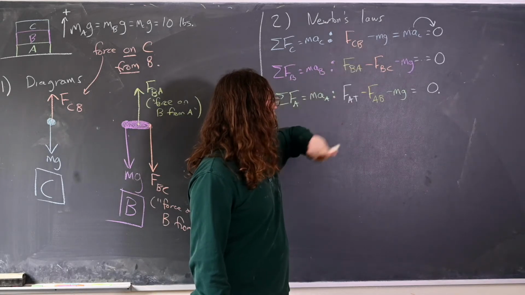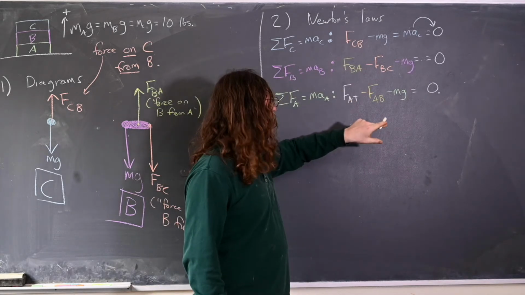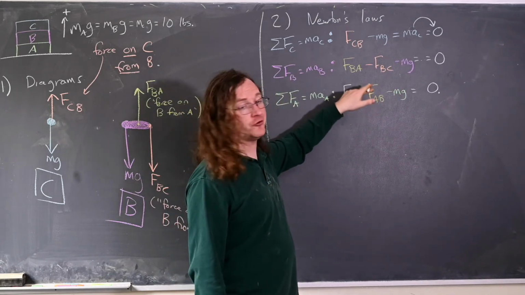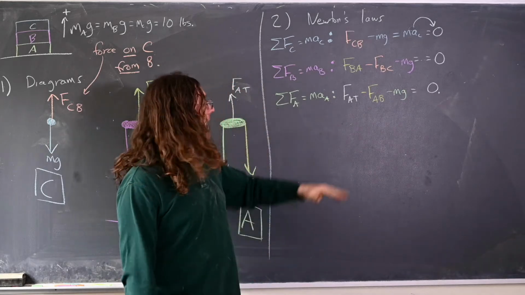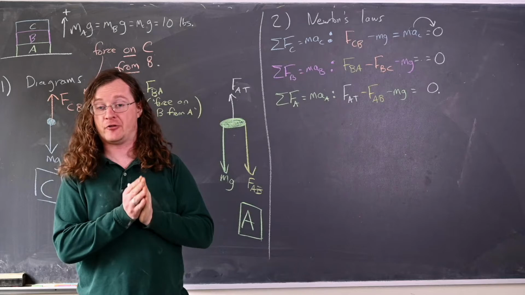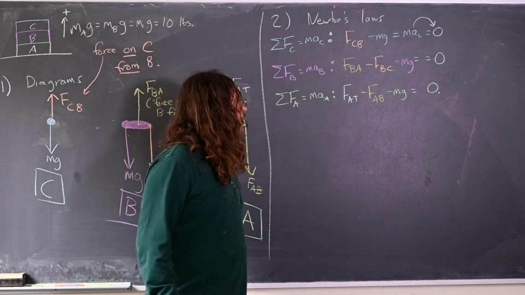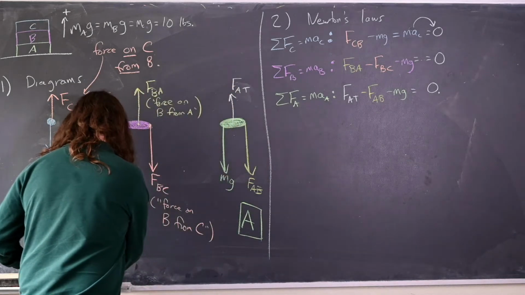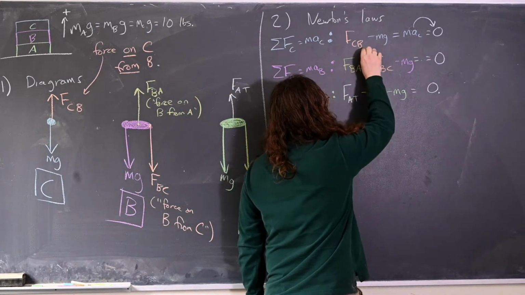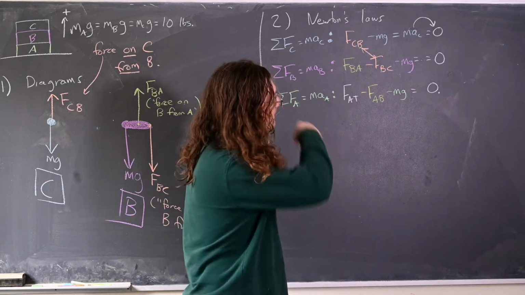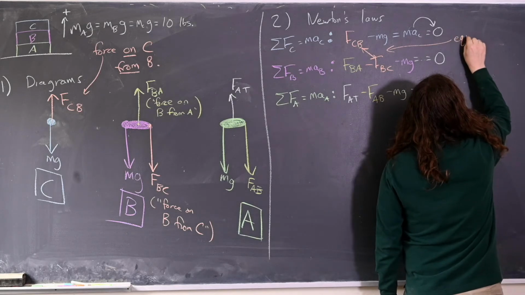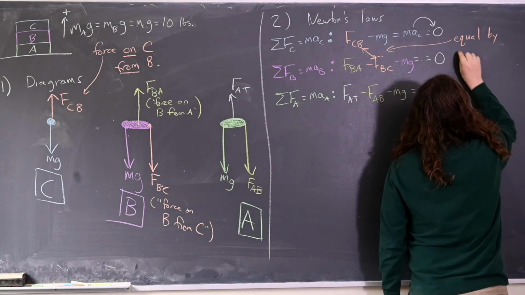The force on C from B, the force on B from A, the force on B from C, the force on A from the table, and the force on A from B. I needed to write all these subscripts to make sure my notation is clear. But notice these 2 that I've both written in orange, I've done that for a reason. These are equal by Newton's third law.